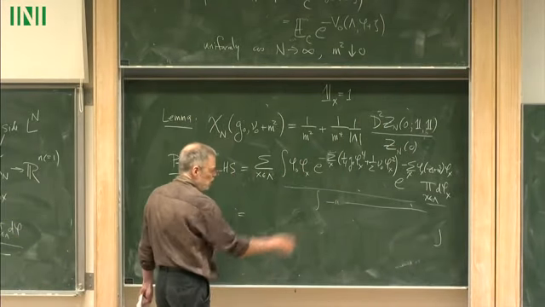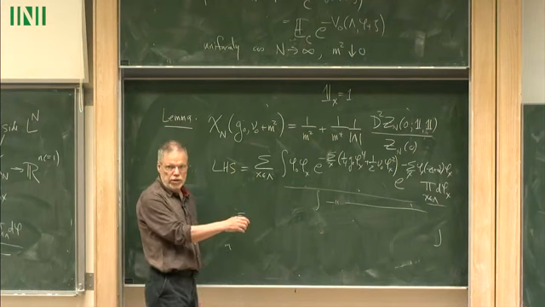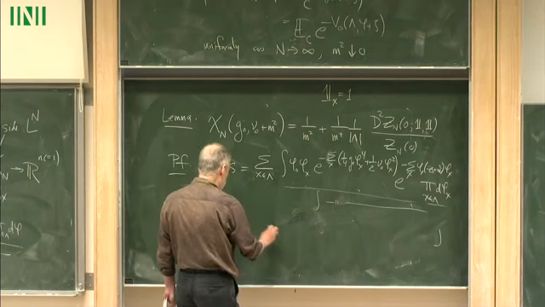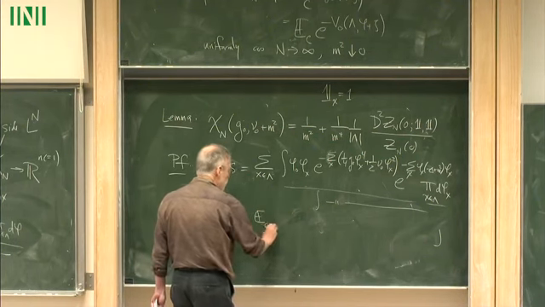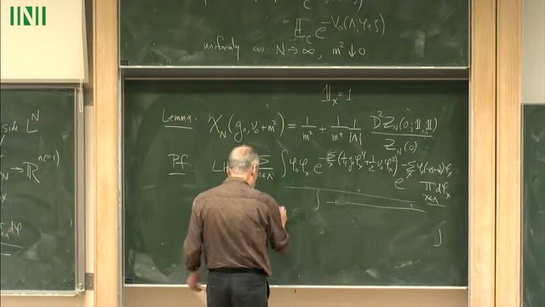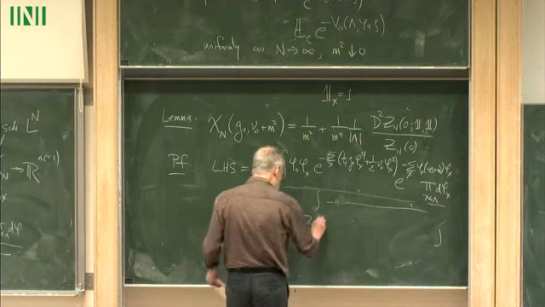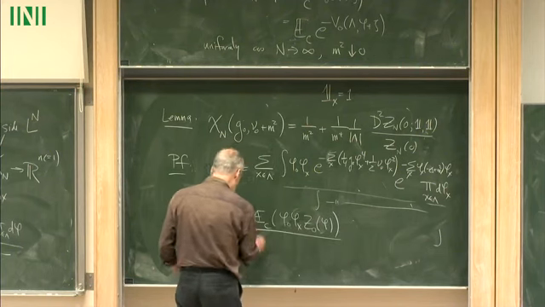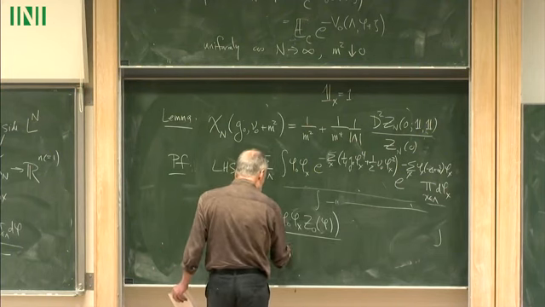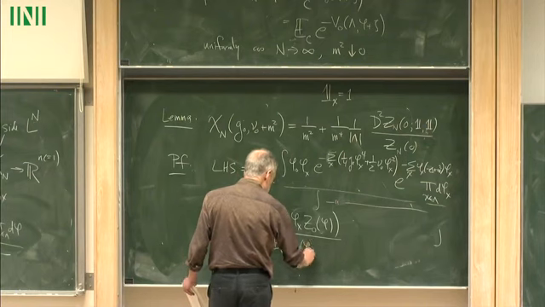So I can normalize with respect to the integral of that part, top and bottom, and what I'll end up with is the Gaussian expectation of phi 0, phi x, z0 of phi divided by the Gaussian expectation of z0 of phi.